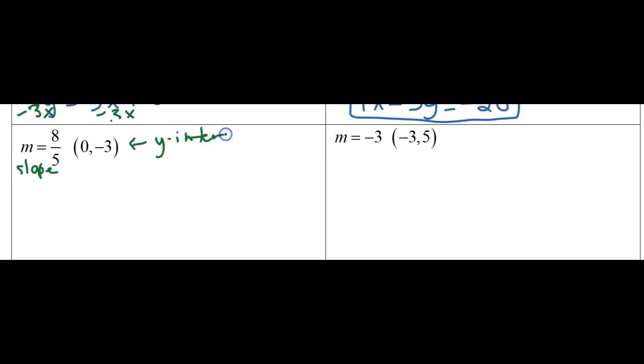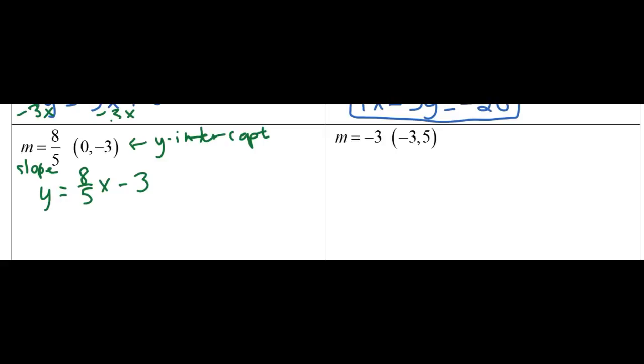Not just any points, but since x is equal to 0, we were given the y-intercept. So since I'm given the slope and the y-intercept, I can start by putting this in slope-intercept form as y equals 8/5 x minus 3.